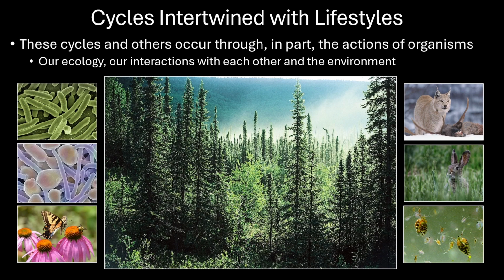Now, these cycles occur through the actions of different organisms. Essentially, organisms just living their lives, doing their unique behaviors, their specific metabolic abilities. And in the process, other organisms can benefit or be otherwise impacted by that behavior. In the case of something like a nitrogen fixer doing its thing, it's just living its life, taking nitrogen gas and reacting it to form ammonia. But that happens to be really good for a lot of other organisms.